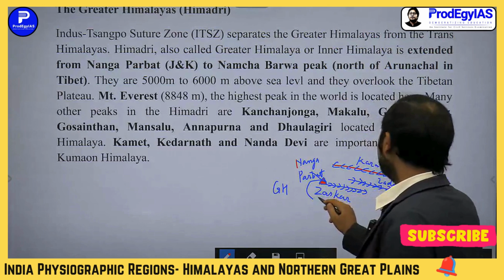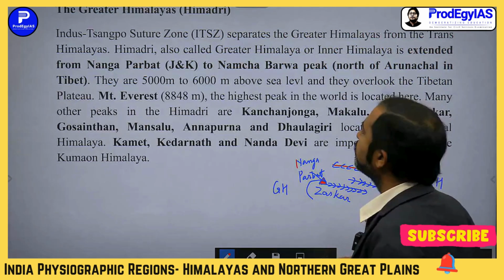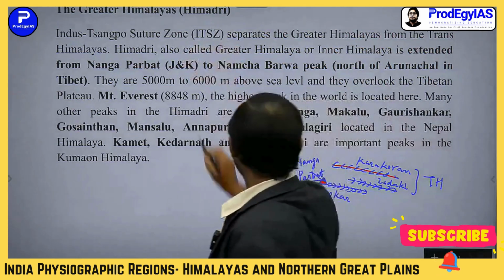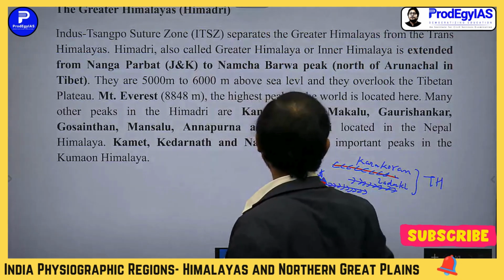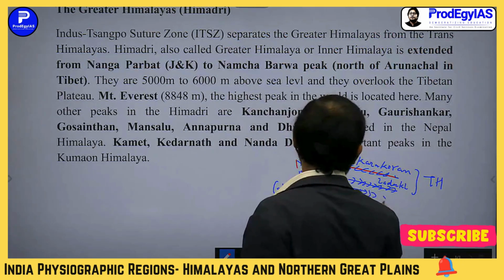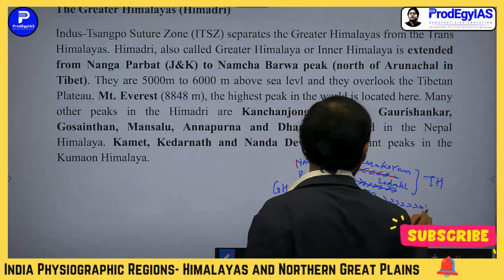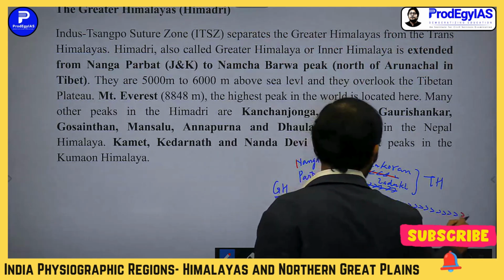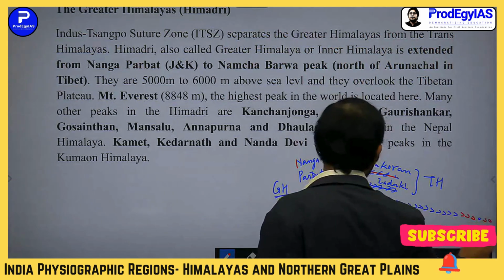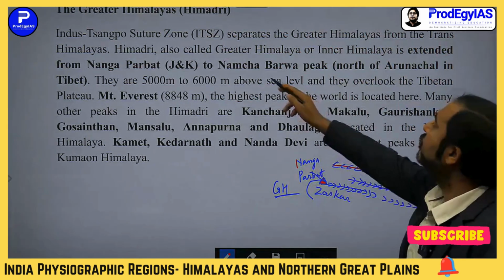And it lies in the Zanskar mountain range. So the Greater Himalayas, which start from Nanga Parbat, extend all the way up to Namcha Barwa.